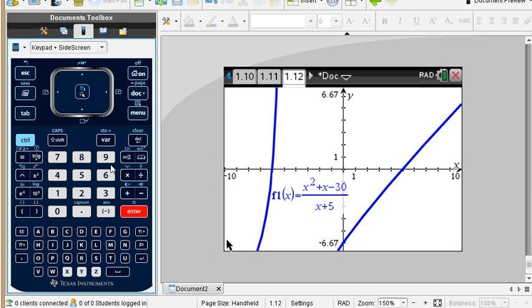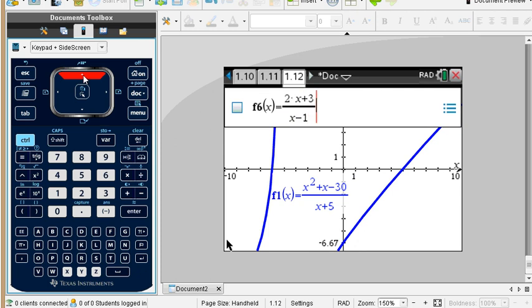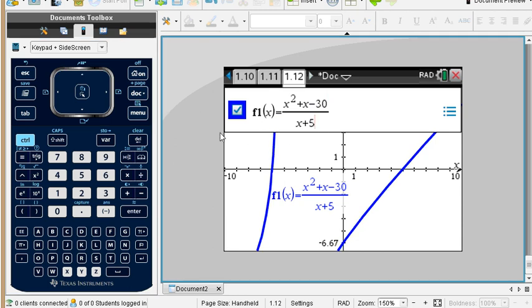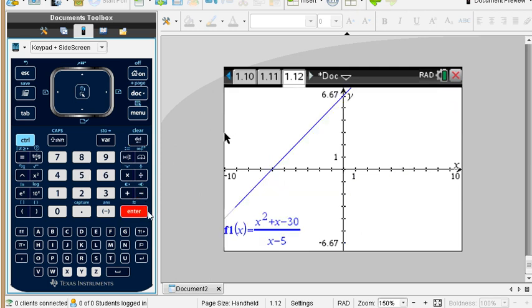Now going back to the calculator, I'm going to go to tab, and we're going to change this one here. I'm going to go all the way up. Okay, we're going to change this to answer choice A, and to do so, I'm going to put x minus 5 in the denominator. When we do that, we don't see any discontinuity, which is a sign of a removable discontinuity.